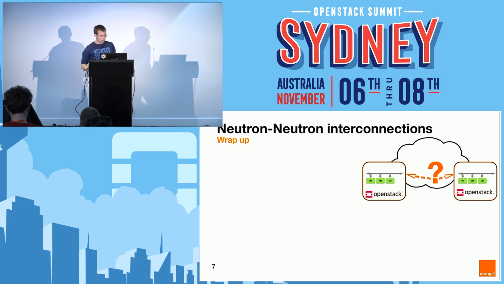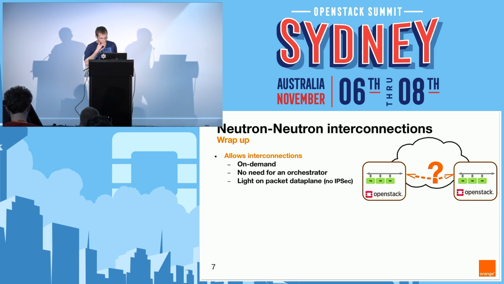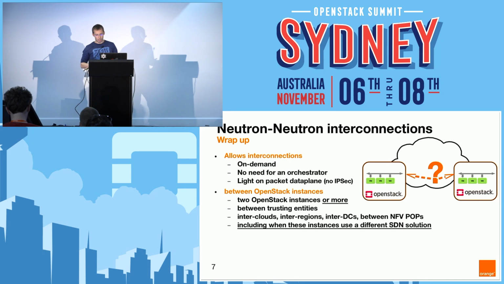So let's wrap up. This proposal is meant to allow interconnection on demand without the need to introduce an orchestrator in the picture, and a solution that will be light on the packet data plane without requiring IPsec in practice. These interconnections will be possible between two OpenStack instances or more.